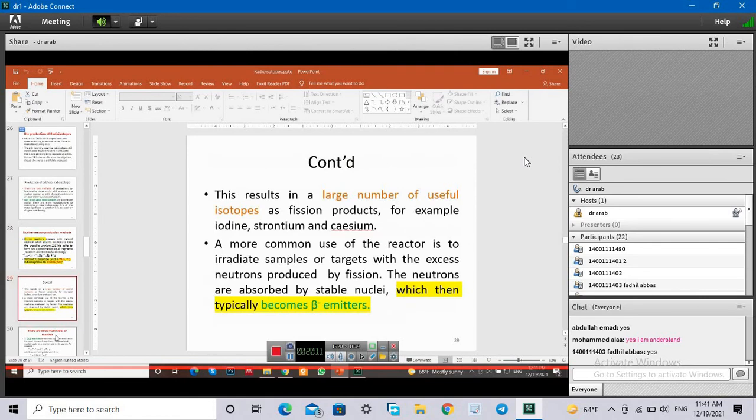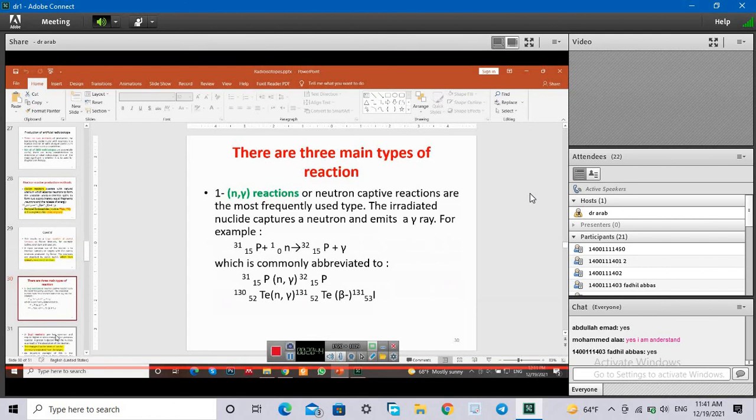And the other point about fission is that typically we can create a radioactive daughter that emits a beta particle. So there are two main points about the fission reaction: one is the high purity of the radioactive daughter, and the other is that typically they emit a beta particle.